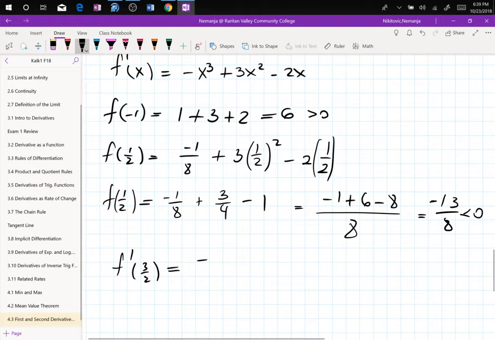So we have 3 cubed is 27 over 8, negative. Plus 3 times x squared is 3 times, so that's 27 over 4.